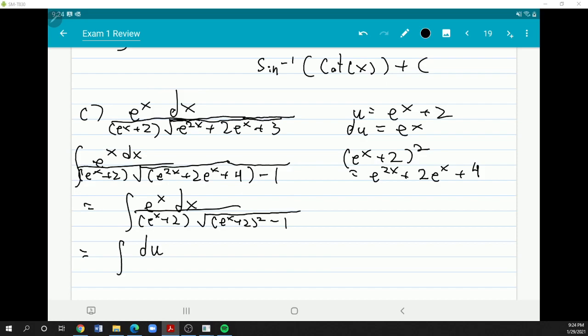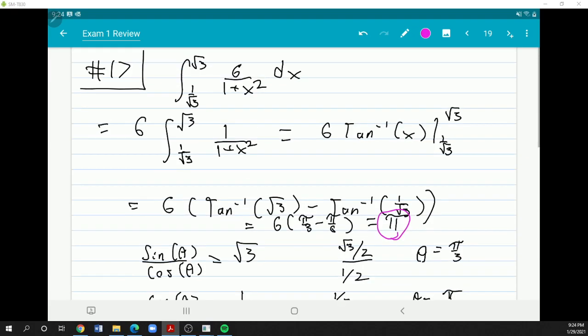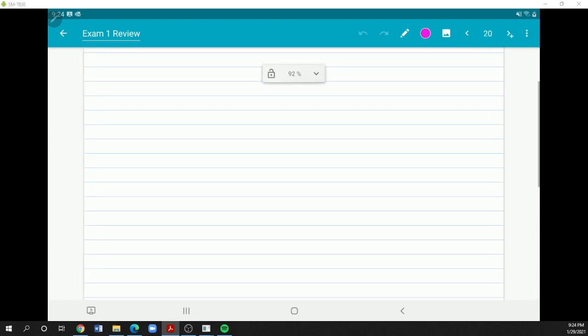Integral du over u times the square root u squared minus 1. This is secant inverse of u, which will be secant inverse of e to the x plus 2 plus c. Alright, so that one is difficult, but not undoable.